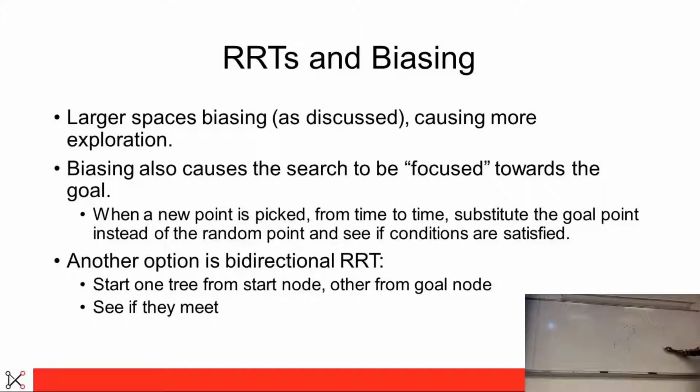So let's say that this is your point, right? And let's say your goal is somewhere here, right? What would happen if you picked a super large path length? Let's say that this is a valid point, right? You would go here and you would take another point, let's say here.